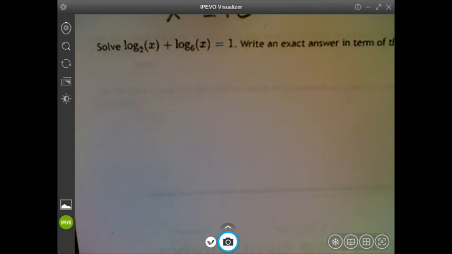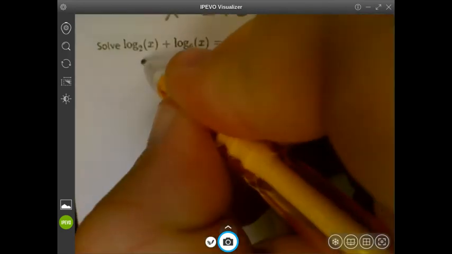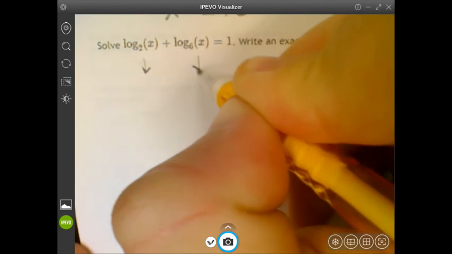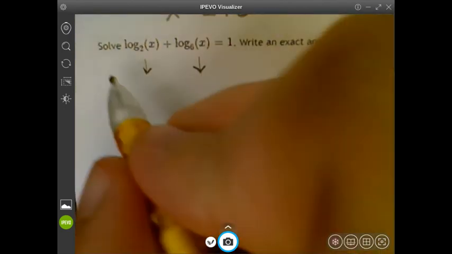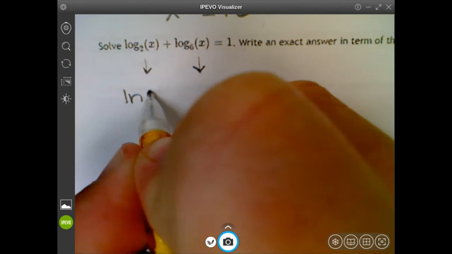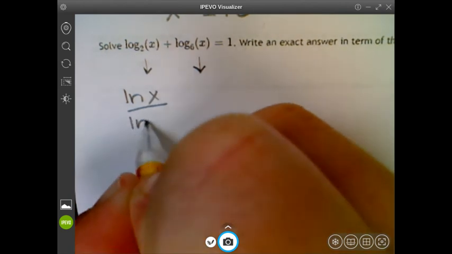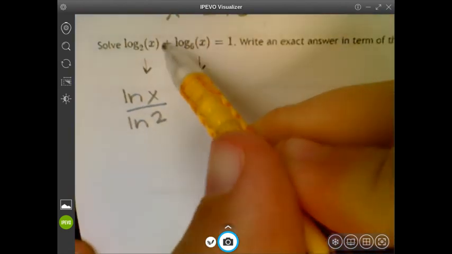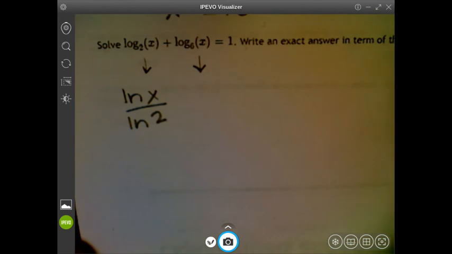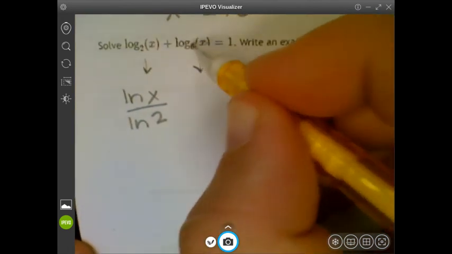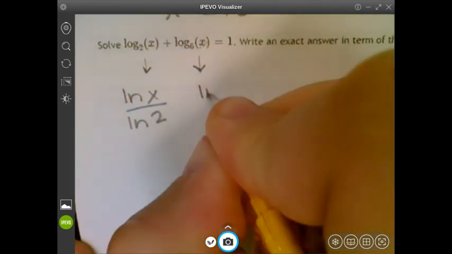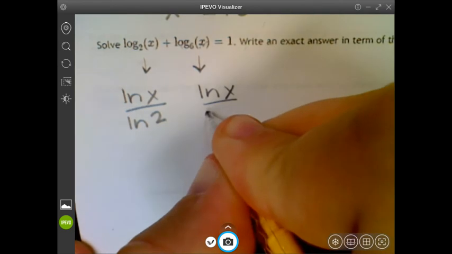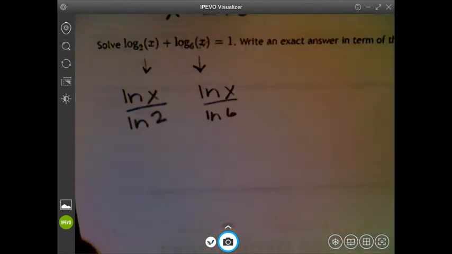And so because it wants it in natural logs, we can actually go ahead and change the base of both of these into the natural log. So the first one would become the natural log of x over the natural log of 2, x being the number on the inside, 2 being the base. This next one becomes natural log of x over the natural log of 6.